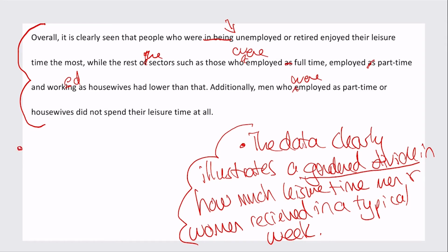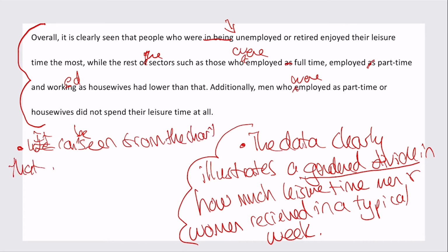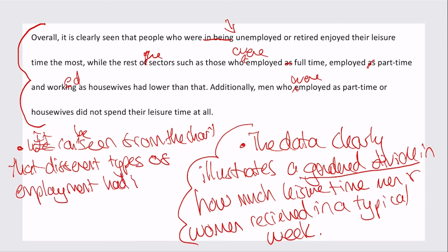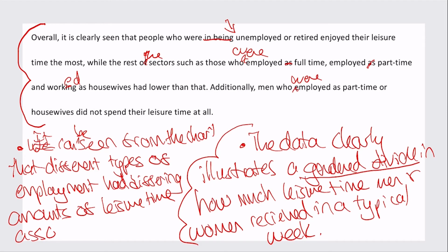Another way you could say it that's more general and a better overview is something like, it can be seen from the chart that different types of employment had differing amounts of leisure time associated with them.